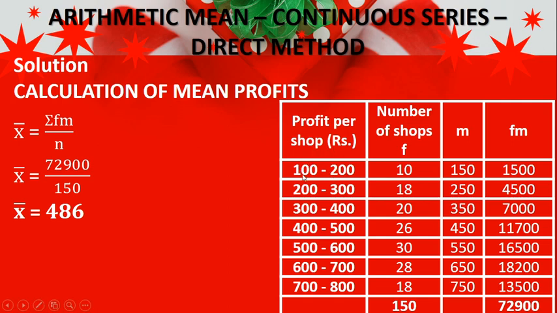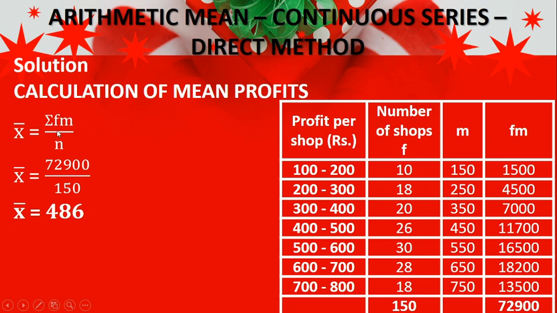The class interval is 100 to 200. The midpoint is lower limit plus upper limit by 2: 100 plus 200 is 300, by 2, 150. For 200 to 300, the mid value is 250.